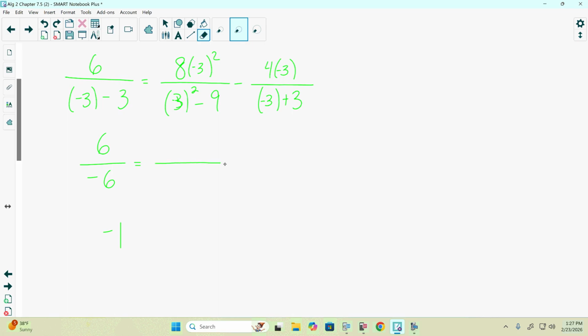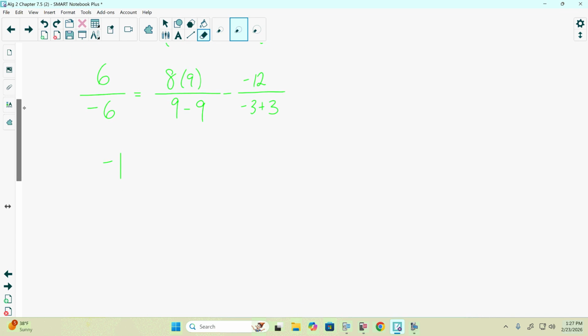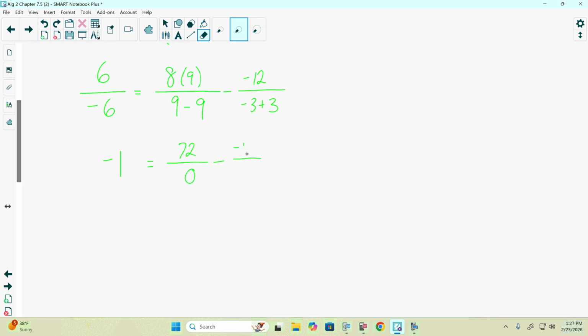If we look at the right-hand side, negative 3 squared on top would be 9. Negative 3 squared on bottom would also be 9. 4 times negative 3 is negative 12. And on bottom we have negative 3 plus 3. So for the right-hand side, 8 times 9 is 72, but our 9 minus 9 is 0. Negative 3 plus 3 is 0.